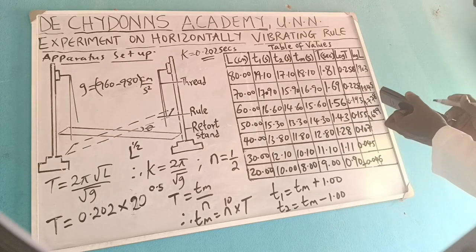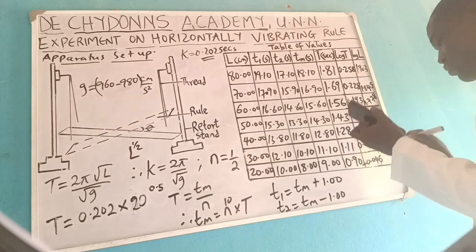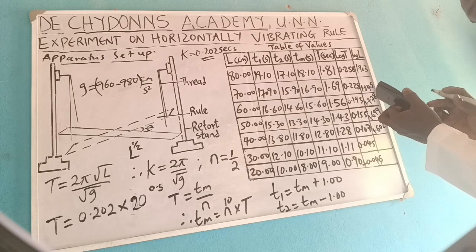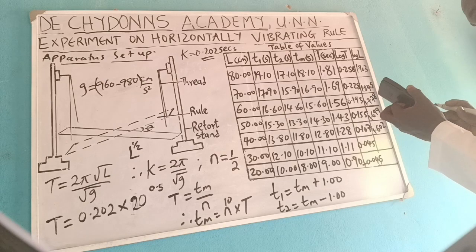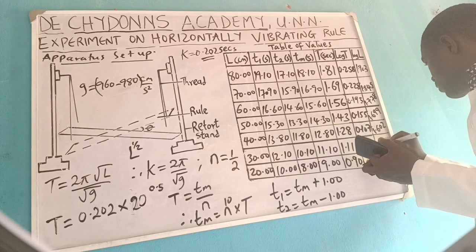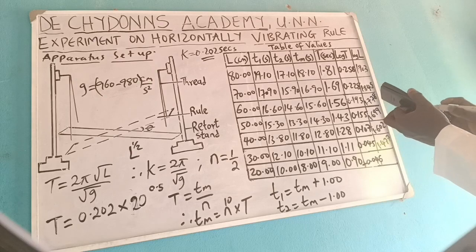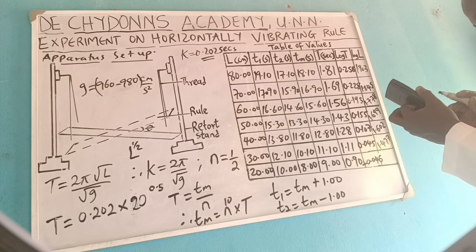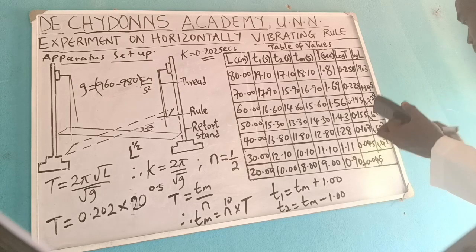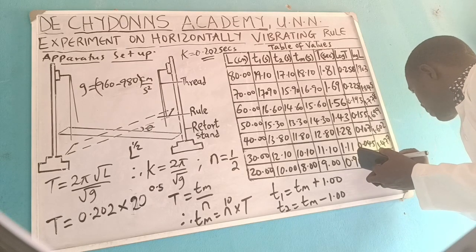Log 40, 1.602. Log 30, 1.477. Log 20, 1.301.